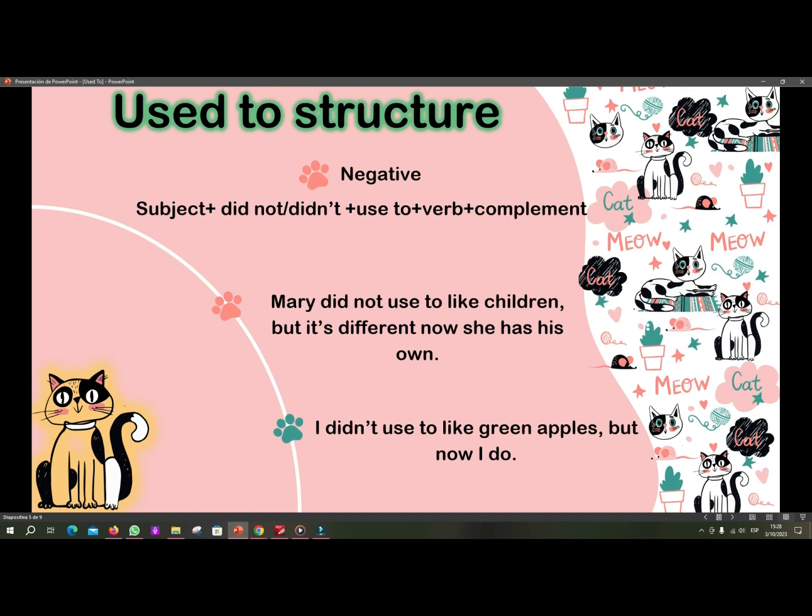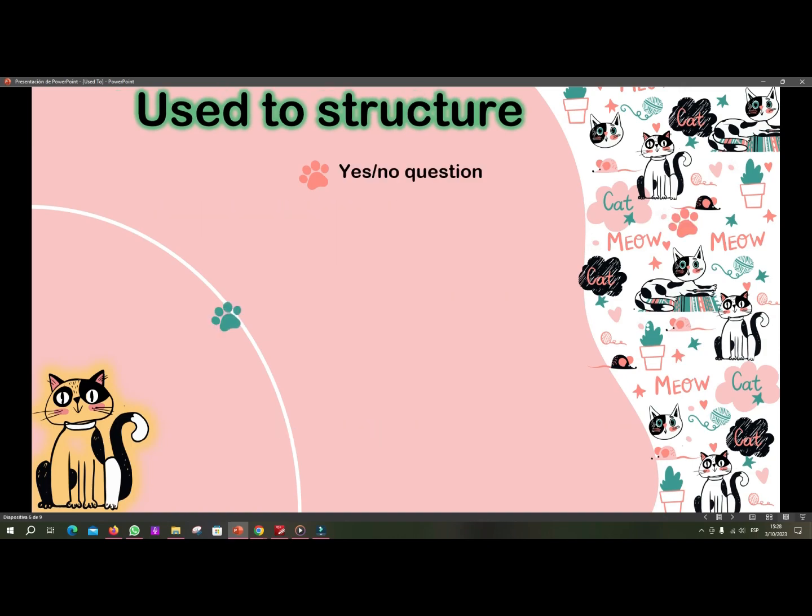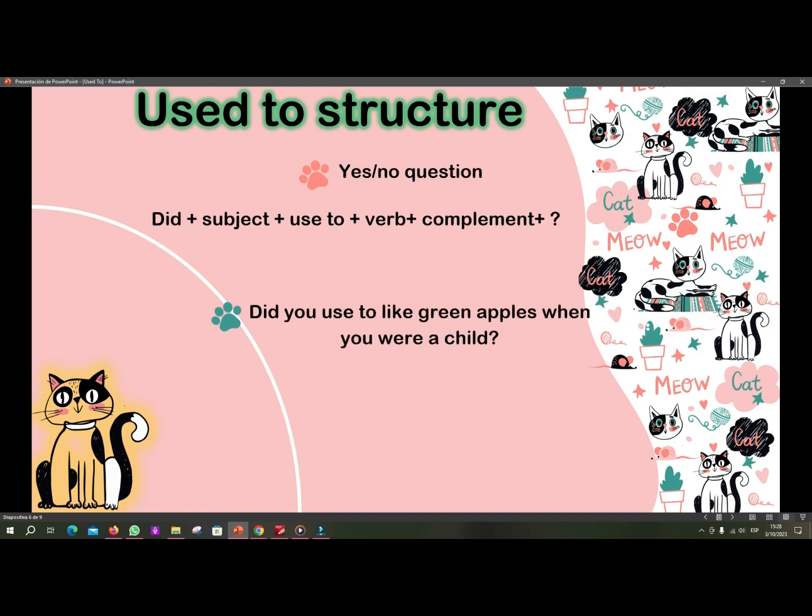Okay, so also we can have yes, no questions. First, you're going to use the auxiliary in past, in this case did, then the subject, then used to also in the base form, plus the verb in the base form, complement, and don't forget the question mark at the end. So, did you used to like green apples when you were a child? That's a question. That is a yes, no question.